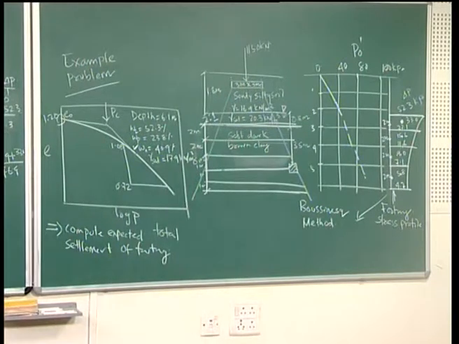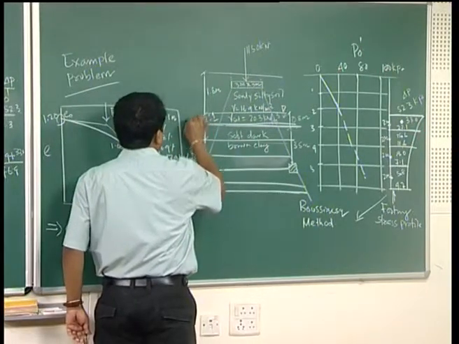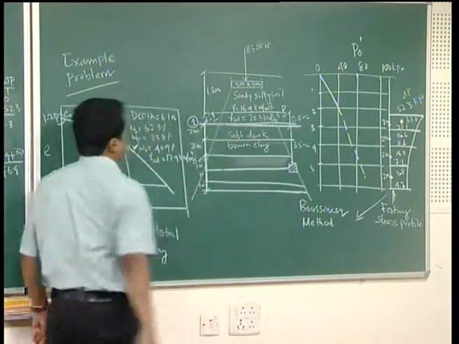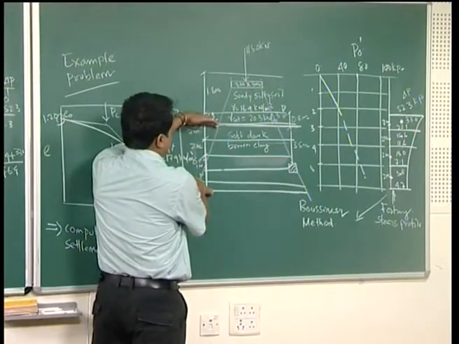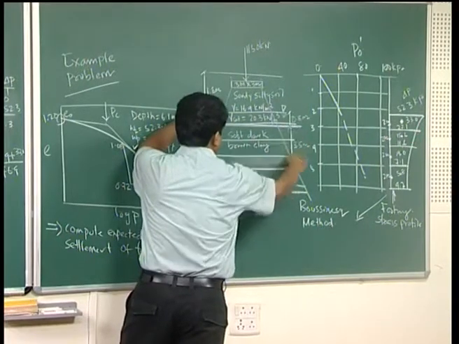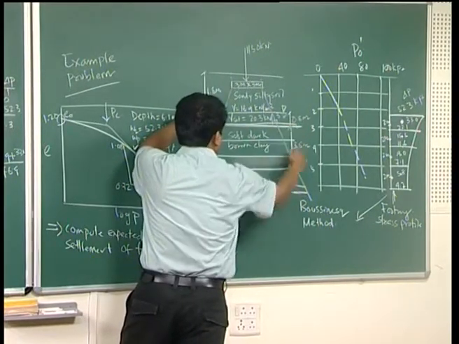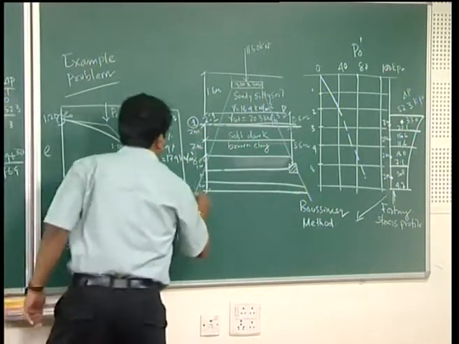You write point 1, which is at this point. This is your surface, but you are writing at point 1, not the surface. This clay layer starts from here, and the total clay layer is 8 meter. So, this is your point 1 and this is your bottom.